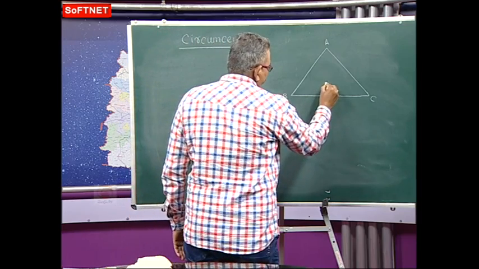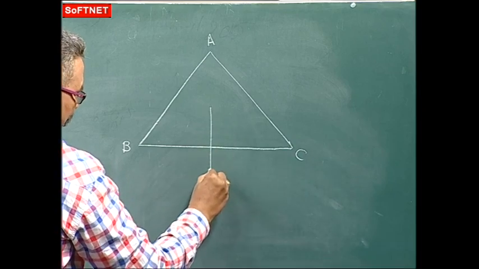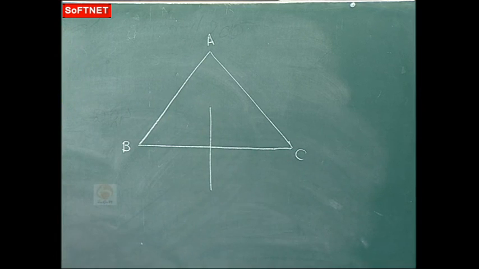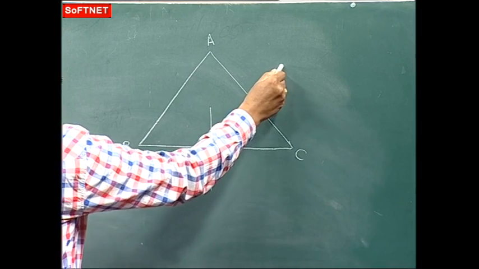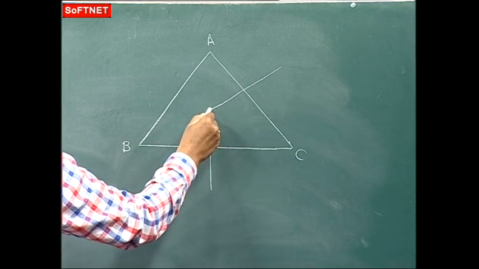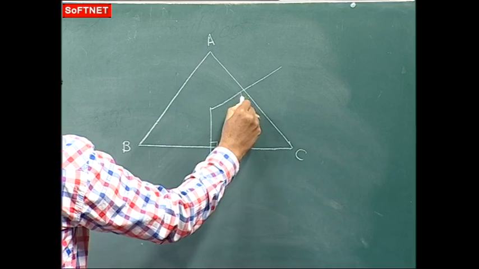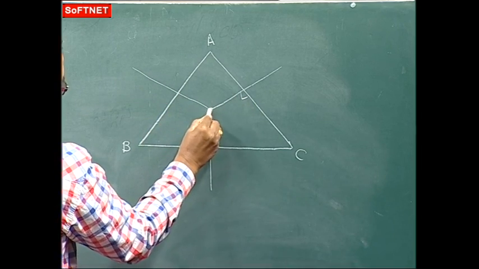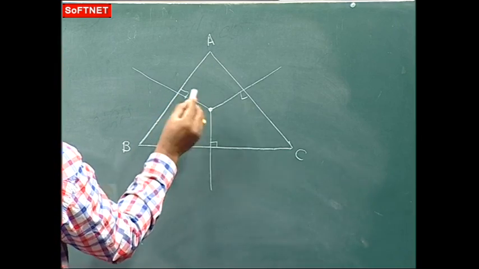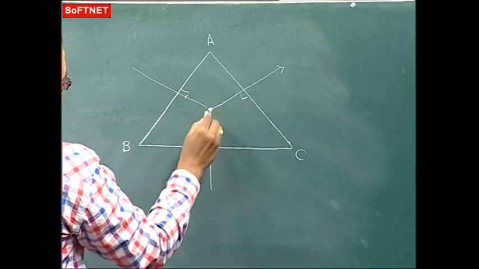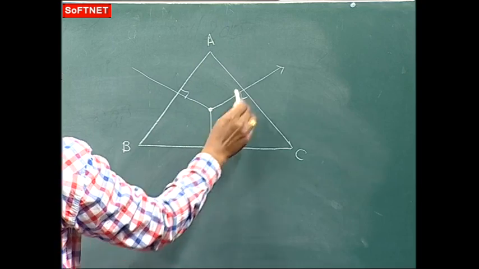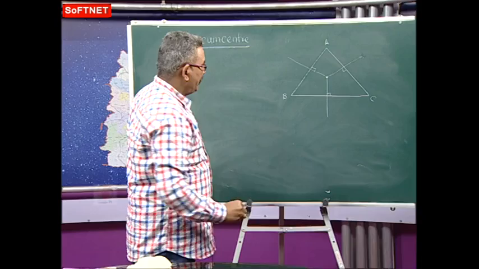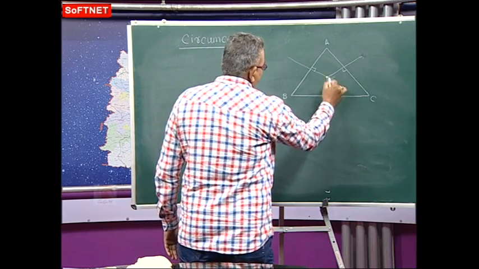Let this be the perpendicular bisector of BC, this the perpendicular bisector of CA, and this the perpendicular bisector of AC. They meet at one point. This is known as the circumcenter S.